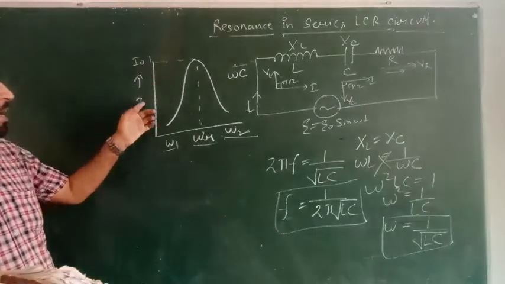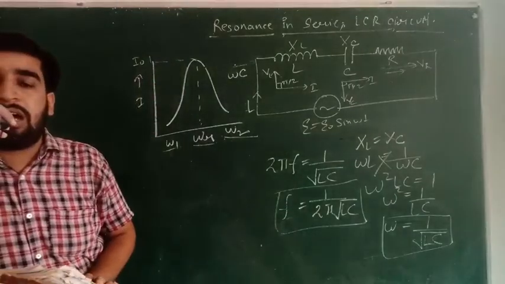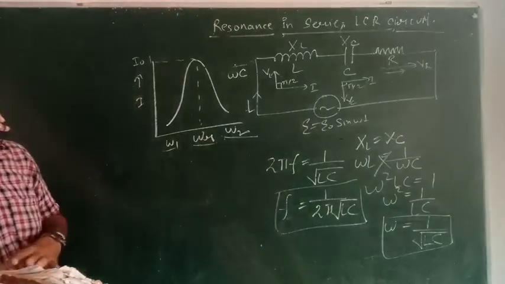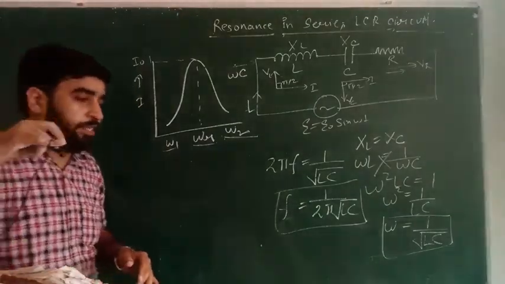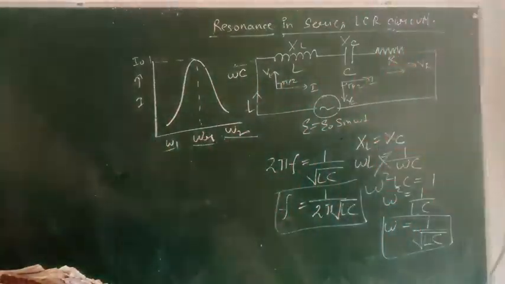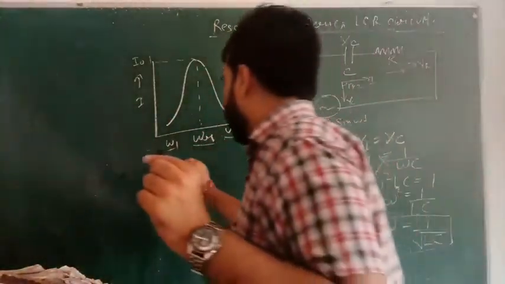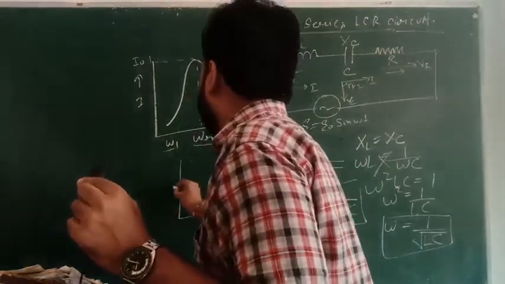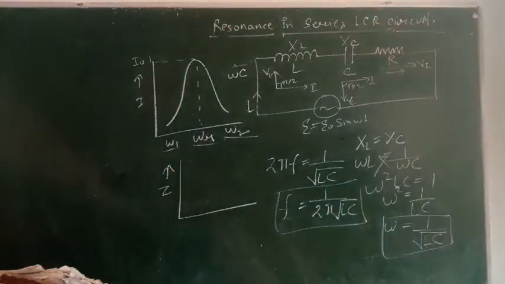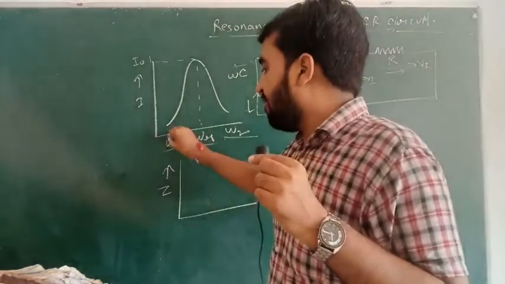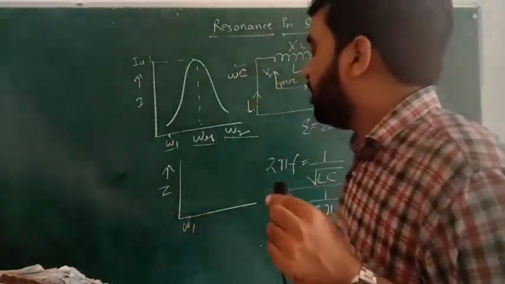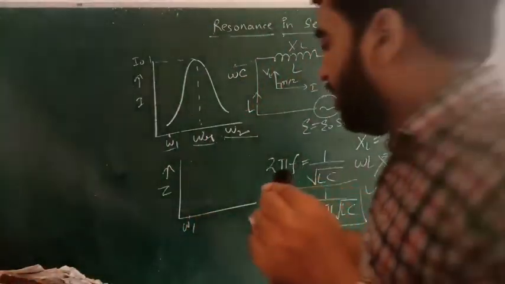Hope you understood the graph for current. Now suppose we have to plot the graph for impedance for this resonance condition. Which kind of graph will be plotted? For impedance Z, the graph will be just opposite to the graph of current. Current at omega 1 offers a minimum value, so at omega 1 the impedance will offer a maximum value.